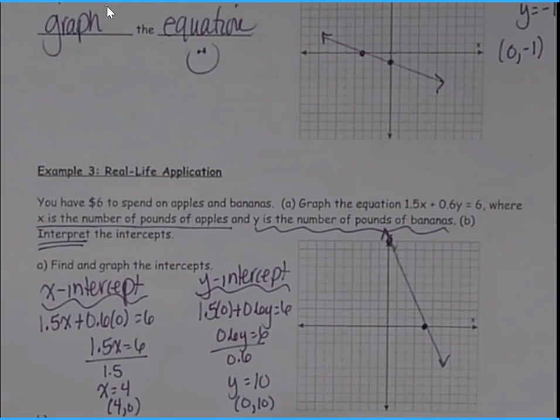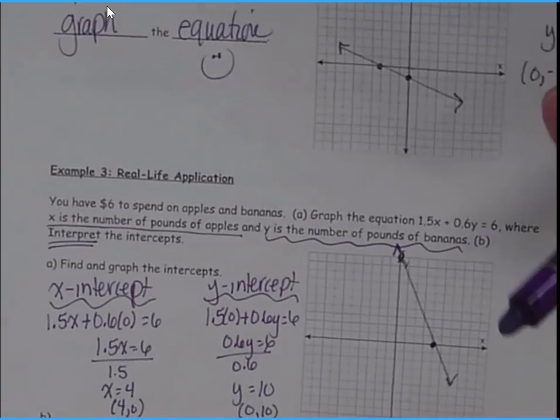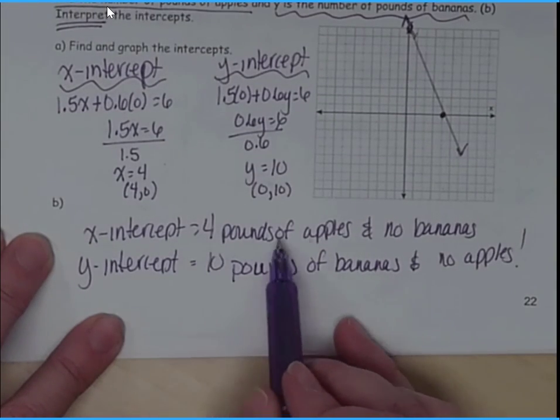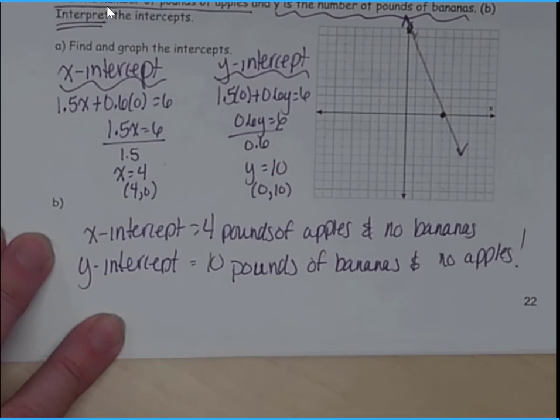That means I can have 10 pounds of bananas and no apples. Oh, sad. I like apples and bananas. I'd like to have them both. So there we go. 4 pounds of apples and no bananas, 10 pounds of bananas and no apples.